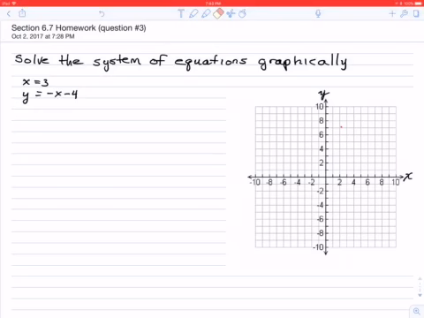And I want to recall that whenever you want to graph x equals a number or a constant, the graph is going to be a vertical line through the constant.